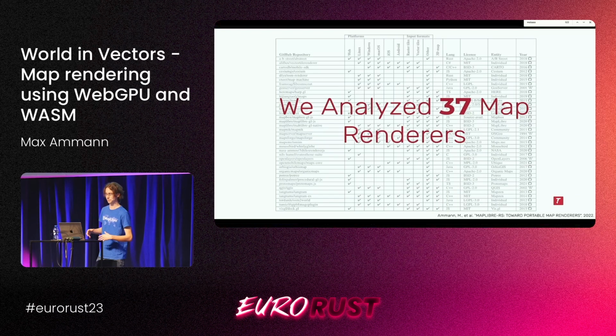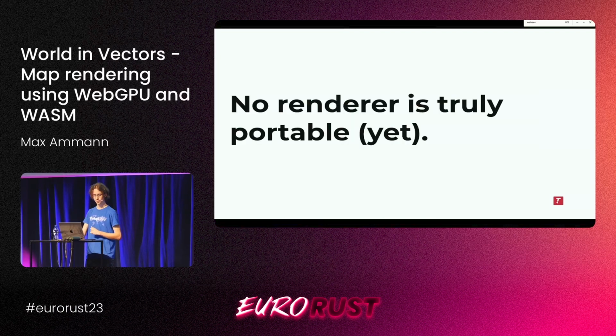As part of this side project, we did some analysis, and we concluded that there currently is no such thing as a portable map renderer. There's Bevy, which you all know and love. That is kind of portable, and it's closely related to the technology stack I'm using here. But I think especially for map visualization, it's interesting.